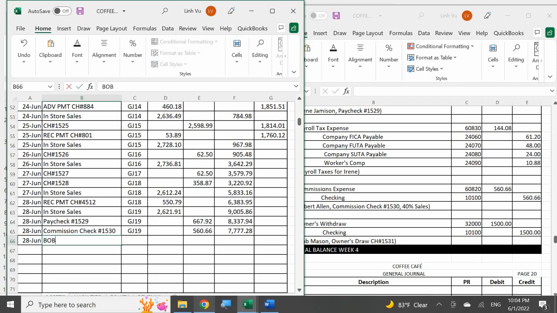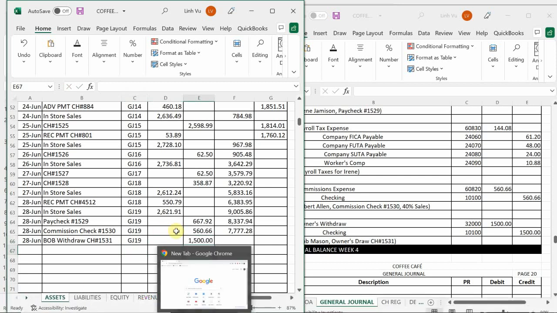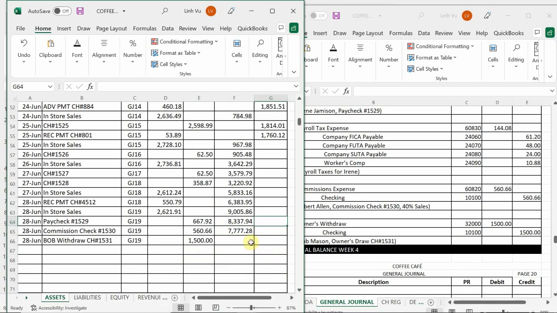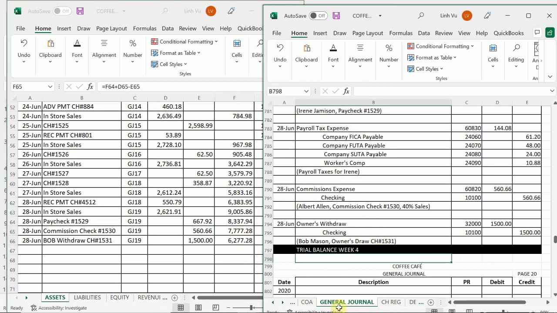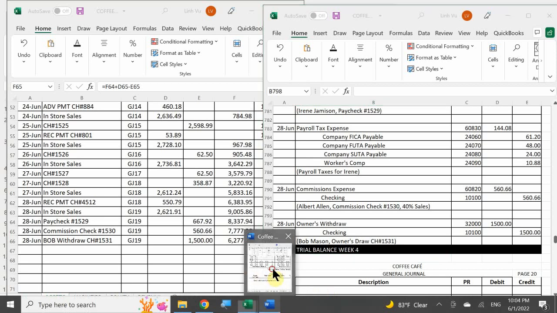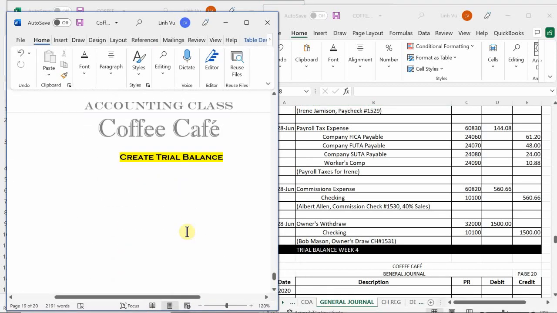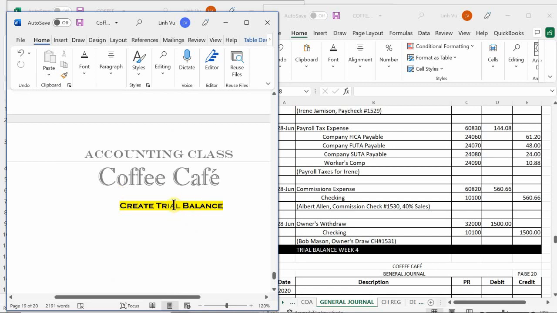So Bob withdraw, check number 1531, okay, for that $1,500, and that will definitely decrease your checking account down to a total of $6,277.28. Okay? And I'm going to stop here for today, and we'll continue on next time with the trial balance.